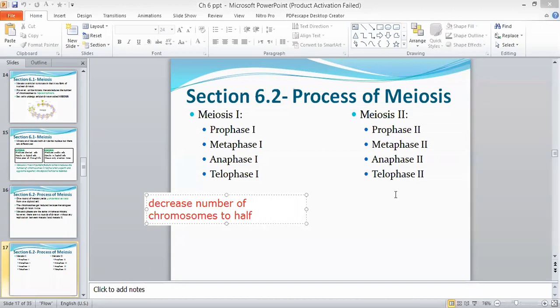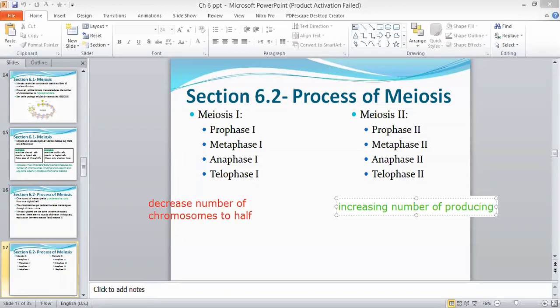But the aim of meiosis 2, pay attention to this point, please, is increasing the number of producing cells. I will explain this part again.